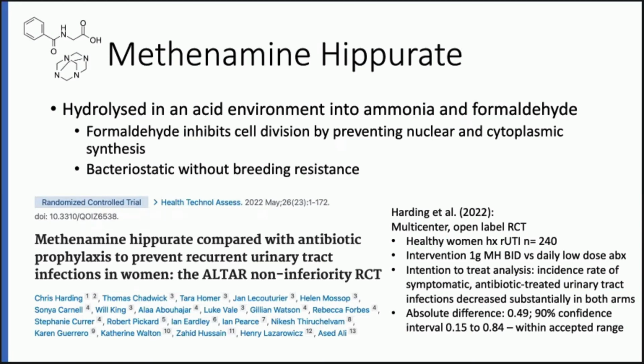And the incidence rate of symptomatic antibiotic-treated urinary tract infection decreased substantially in both arms, to 1.38 episodes per person year for the methenamine group and 0.89 episodes per person year in the antibiotics group, with an absolute difference of 0.49, which was within their accepted range. Methenamine, again, is mentioned in the guidelines, but due to insufficient data, no recommendations have been made.